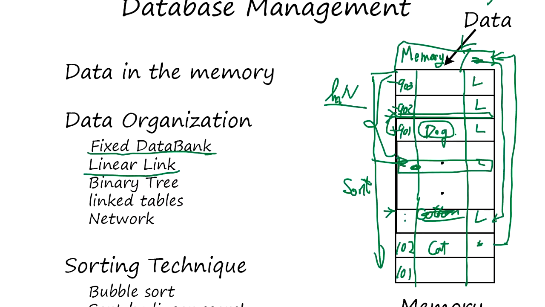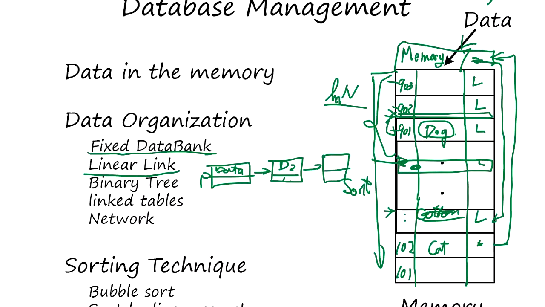So in the illustration, you have a data and the link, and it's pointing to the next data, and links this way.